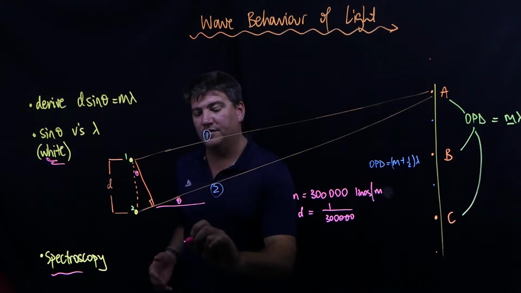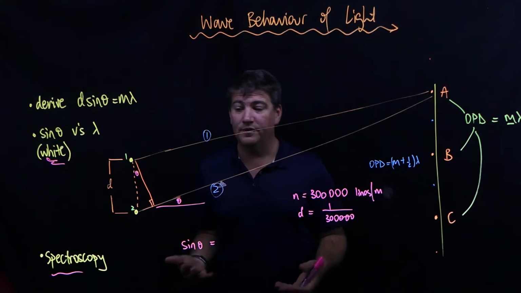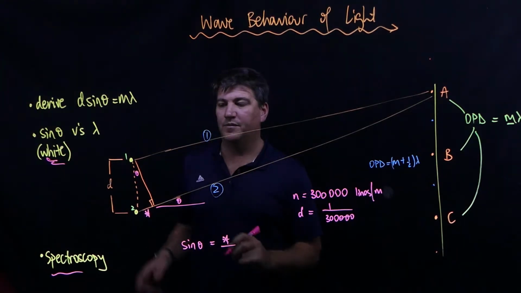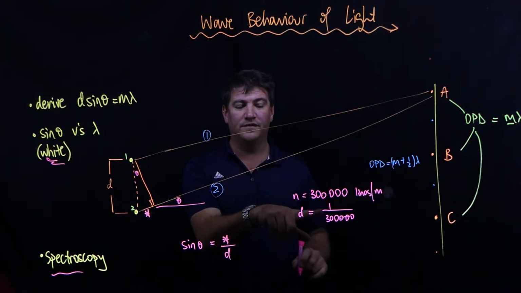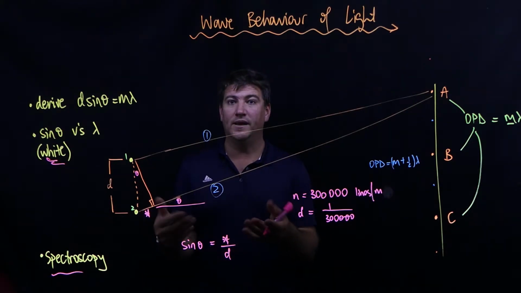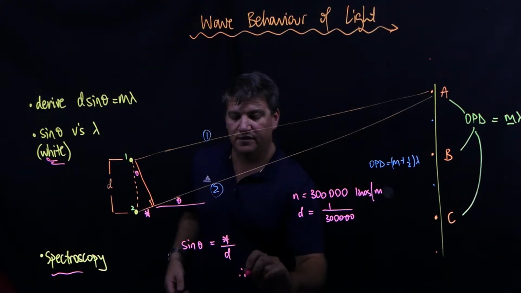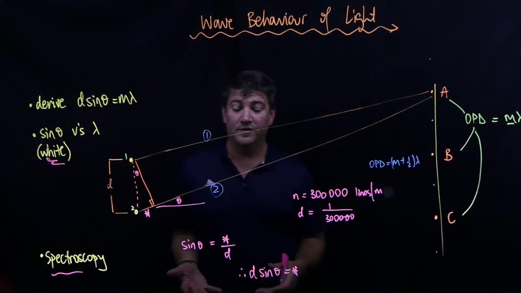Now, if I want to look at sine theta, I do SOHCAHTOA, so opposite is that guy over the hypotenuse, and in this case the hypotenuse of our triangle is this value here, which is 1 over 300,000. So now I'm looking at this weird, ugly looking thing here. I'm going to rearrange it to get that star on its own. Therefore d sine theta is this star asterisk.